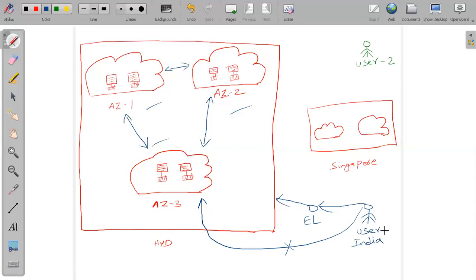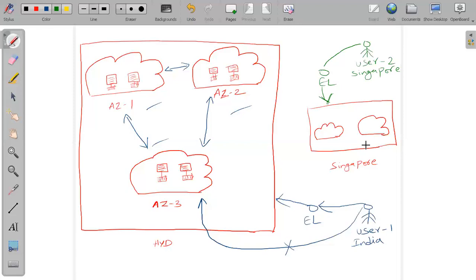Here it is user one, and this is user two, who is in Singapore. This person will be connected to an edge location, and through the edge location it will be connected to the Singapore region.